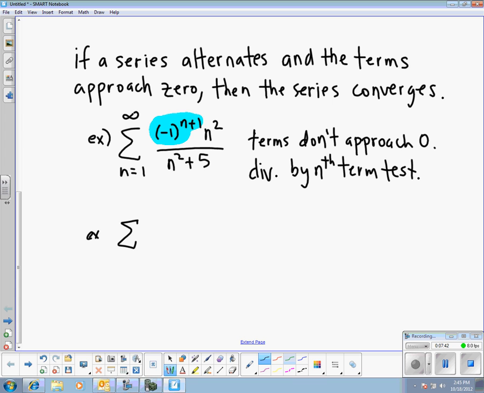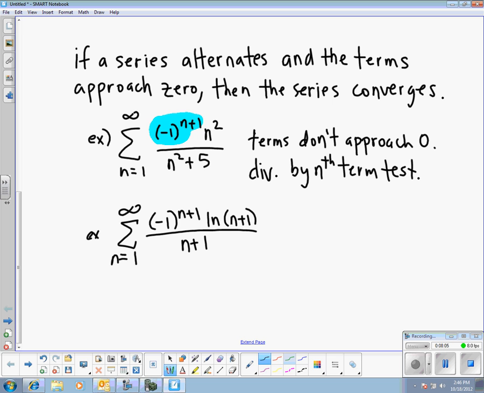One more example. How about -1 to the n plus 1, and on top we're going to have a natural log of n plus 1, and on the bottom we are going to have an n plus 1.